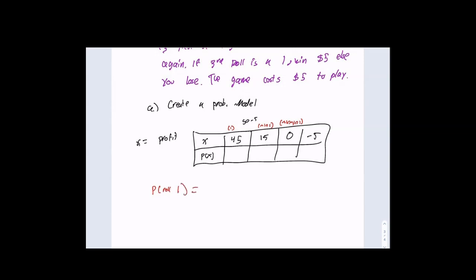If you roll a fair 6-sided die that goes 1 through 6, what is the chance that it comes up a 1?